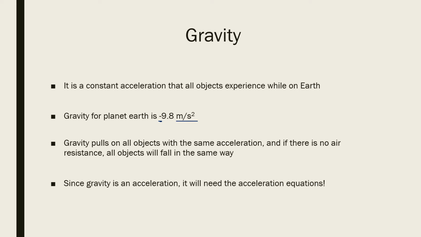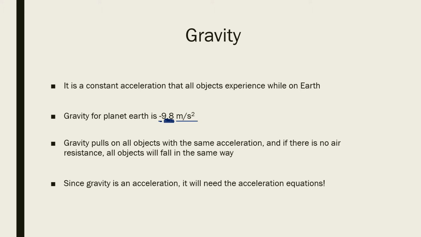And then the 9.8 is just the value. You just have to know this number, and this number is going to be a constant. So if we are ever using equations that deal with gravity, understand that that negative 9.8 meters per second squared is not going to change because gravity does not change.